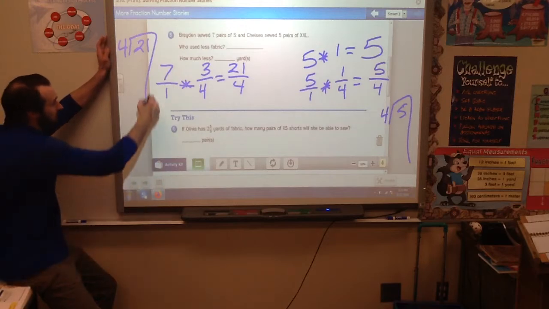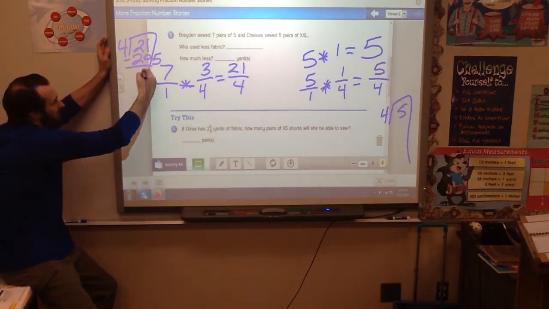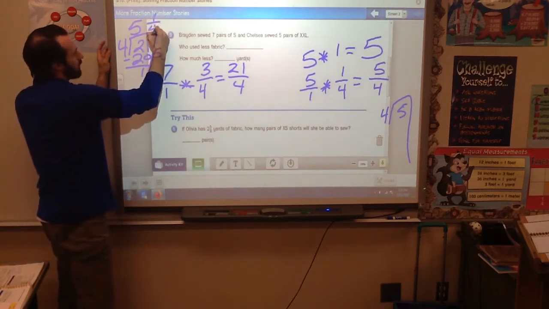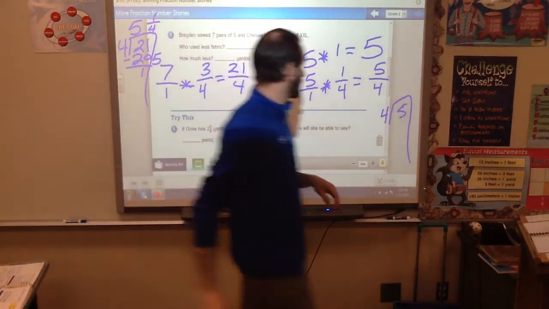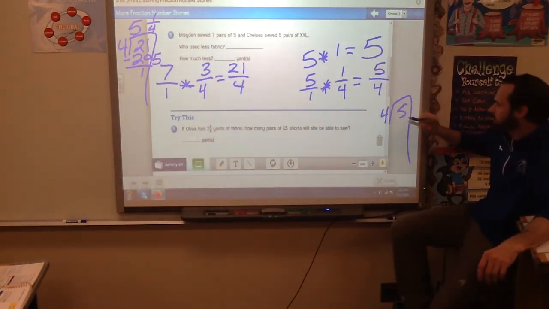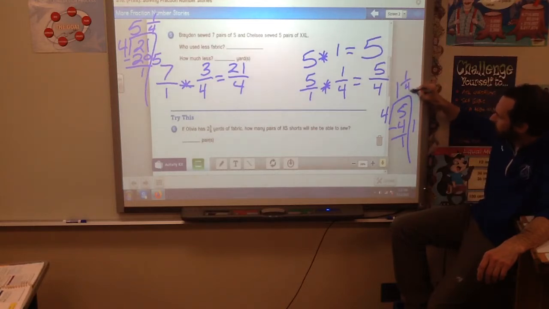Okay, when I look at this, I know that it takes 5 fours to make 20, so I subtract, and I get 5 and 1/4 for an answer. Now over here, how many fours can go into 5? 1. Okay, so I get 1 and 1/4.